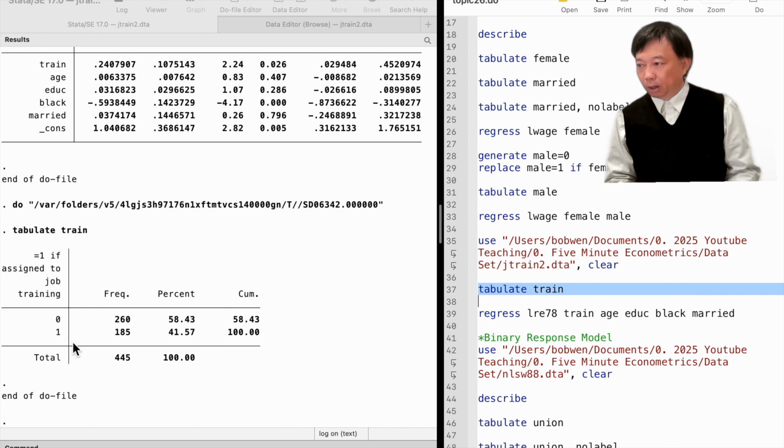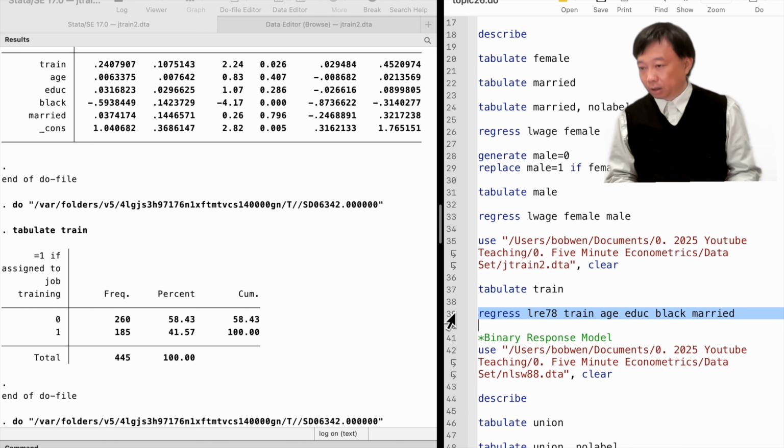Chain equals 1 means a worker participates. Chain equals 0 means the worker does not. To find the effects of job training on worker productivity, we can include the binary variable chain as an explanatory variable in the model along with other control variables.